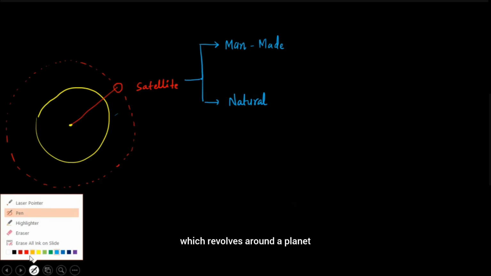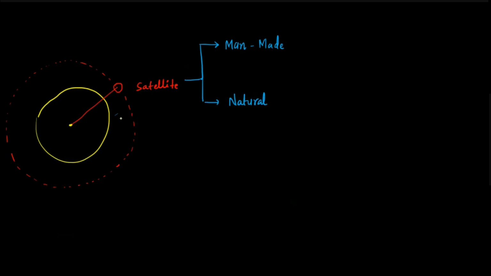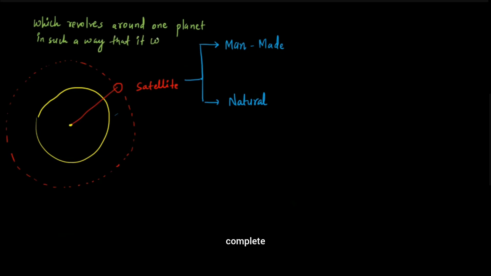A satellite is something which revolves around one planet only, in such a way that it completes one revolution in its specific time.